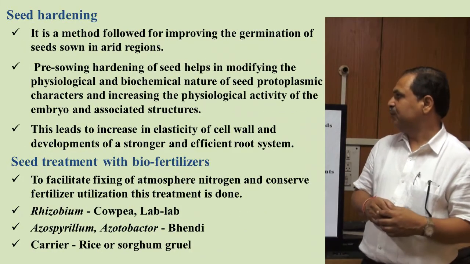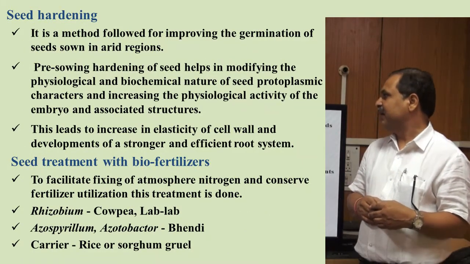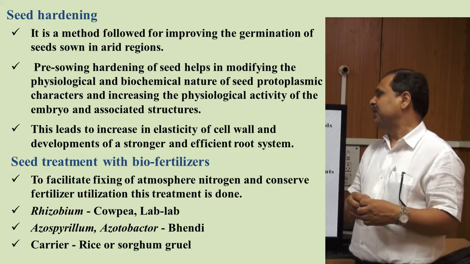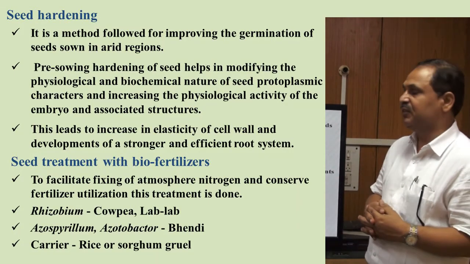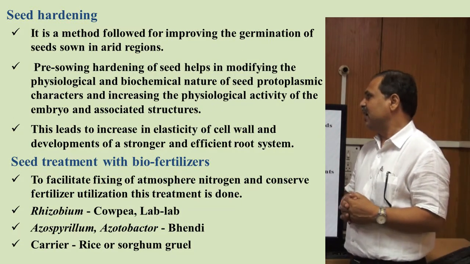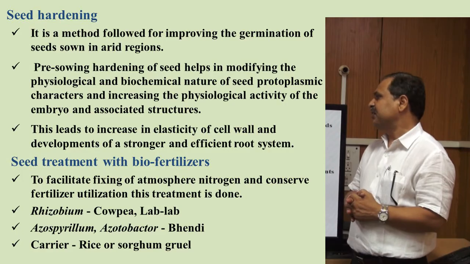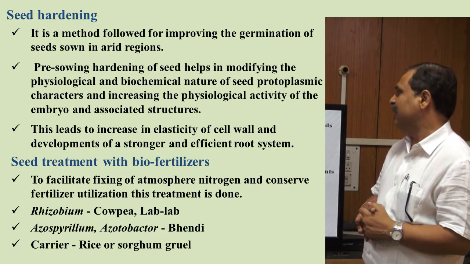Seed hardening is also very important. In this method, germination of seeds is improved, particularly in the arid regions where the seeds must be hardened. It is a pre-sowing treatment of hardening of the seeds.